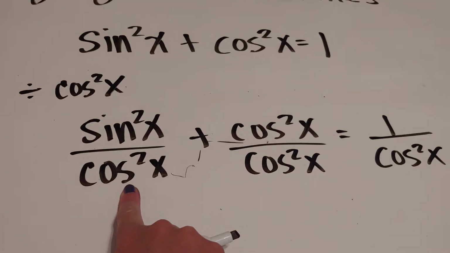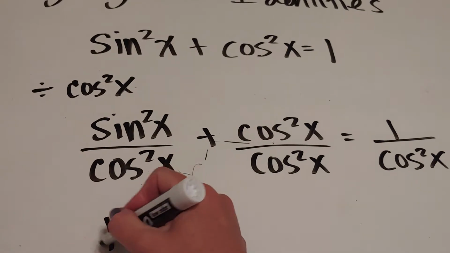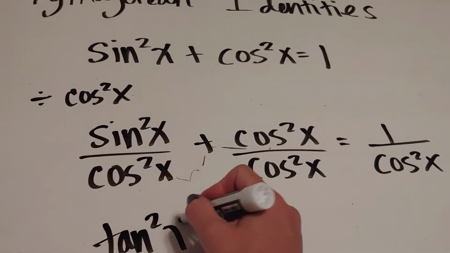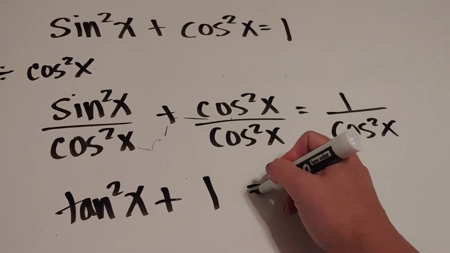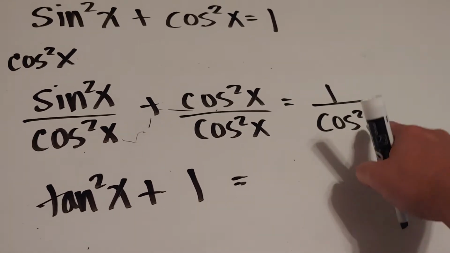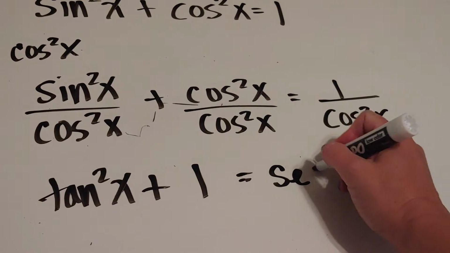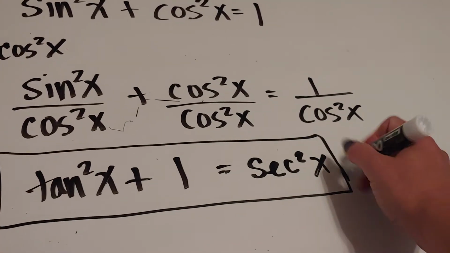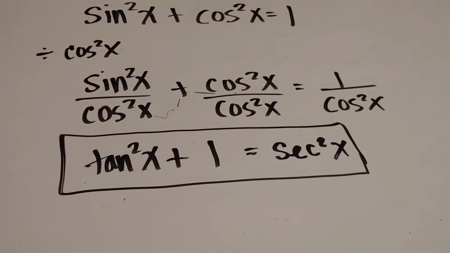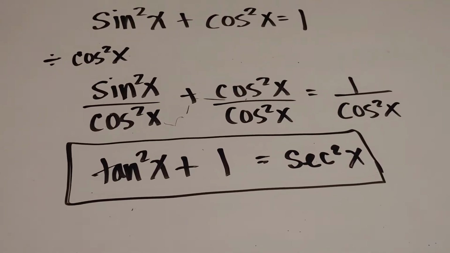Sine over cosine is tangent, so this turns into tangent squared. Cosine squared over cosine squared is 1, and 1 over cosine is secant. Since it's squared, it's secant squared. So we just got our second Pythagorean identity, which is tan squared plus 1 equals secant squared.